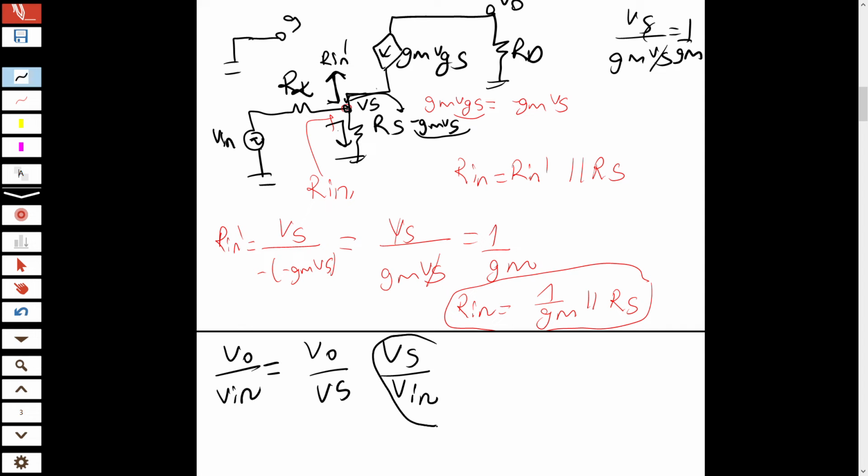V source over V input is easy. It is a voltage divider: R input, which we have just calculated, over RK plus R input.